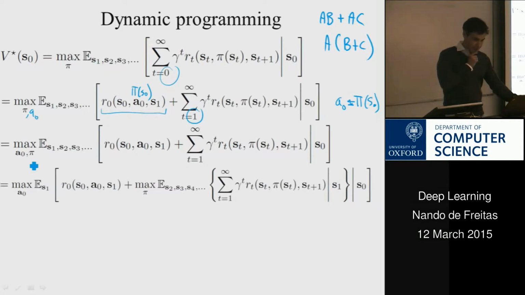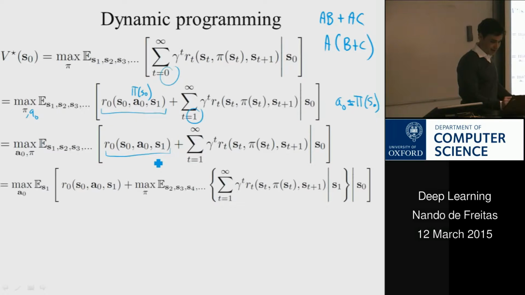So the next thing that I'm going to do is use linearity of the expectation. And in particular, this term here has only S1 variables. So it can't come out of the expectation for S1. But because it doesn't have S2 or S3, I can take it out of that expectation.